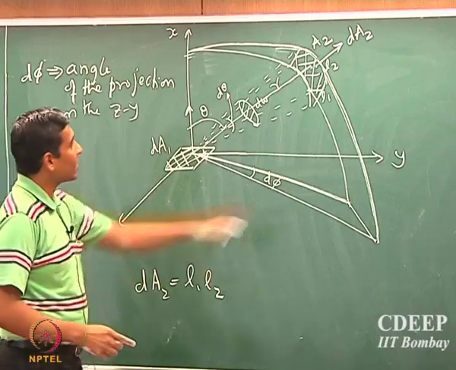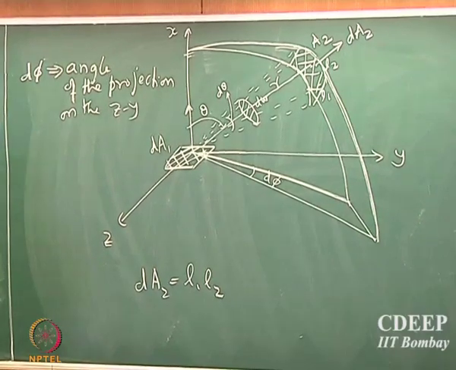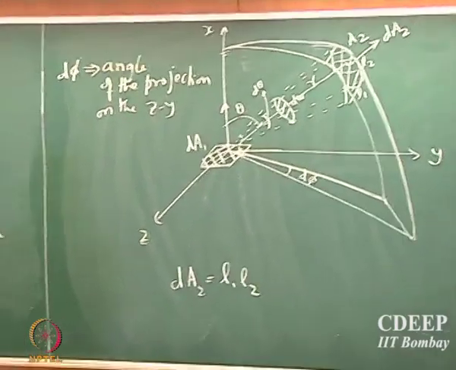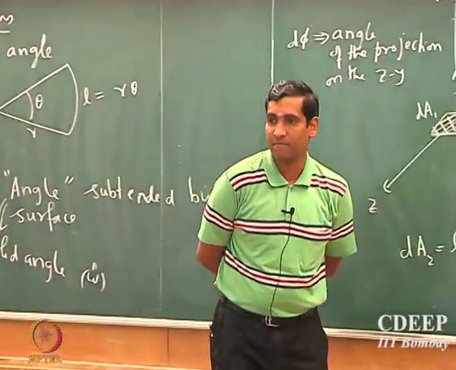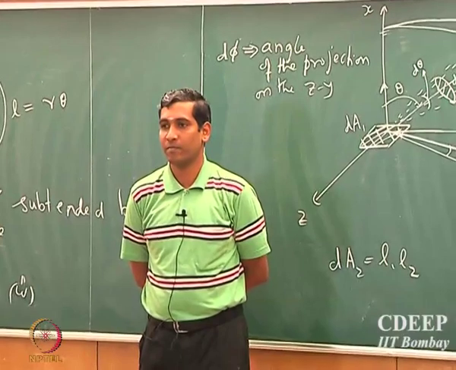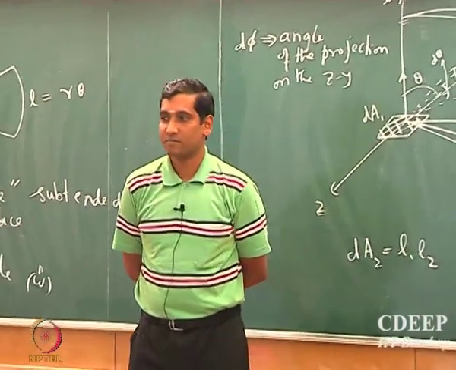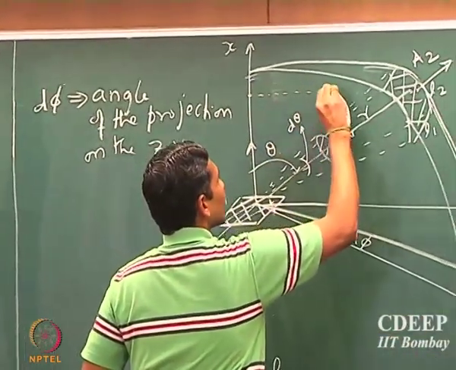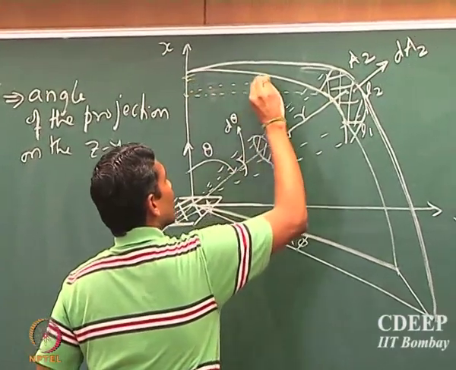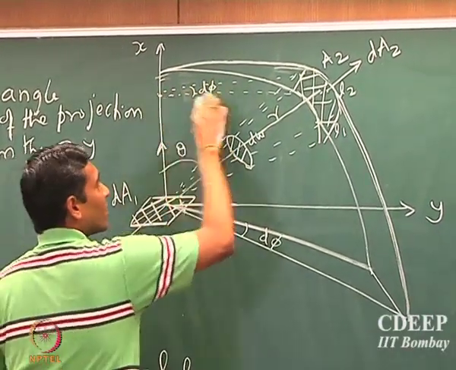Okay. What is L1? How do I find L1 from d phi? Okay, so I'll help you. So supposing this angle is d phi. What is this side?